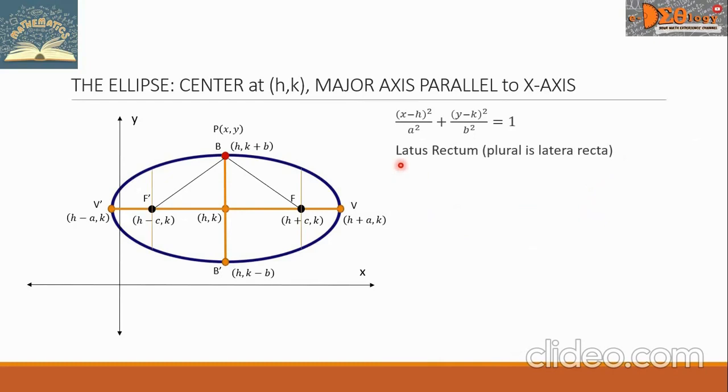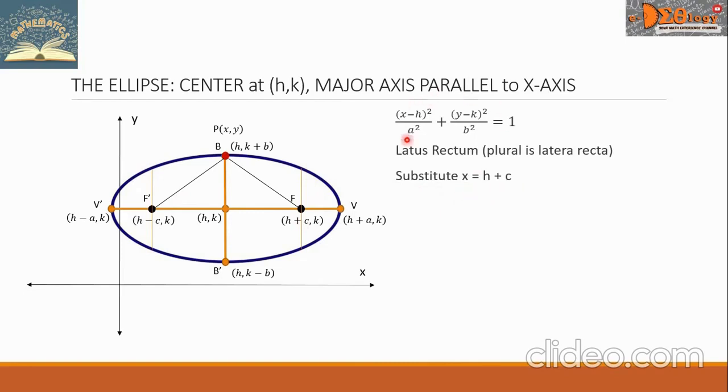Now the latus rectum is here. There are two latera recta in our ellipse. Let us solve for the endpoints of the latus rectum. In the first latus rectum, we're going to substitute the value of h plus c for x.